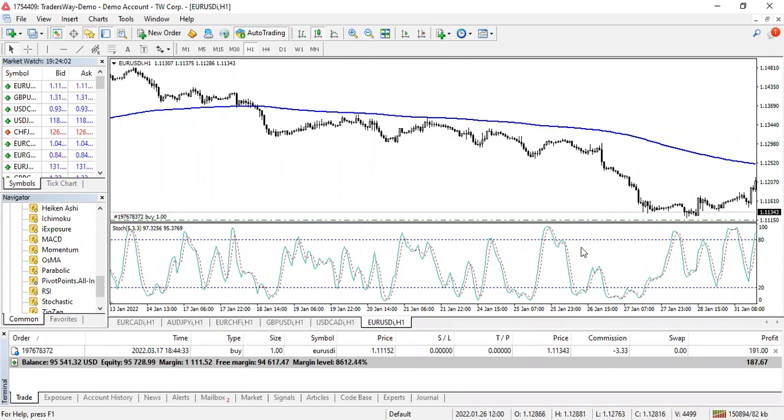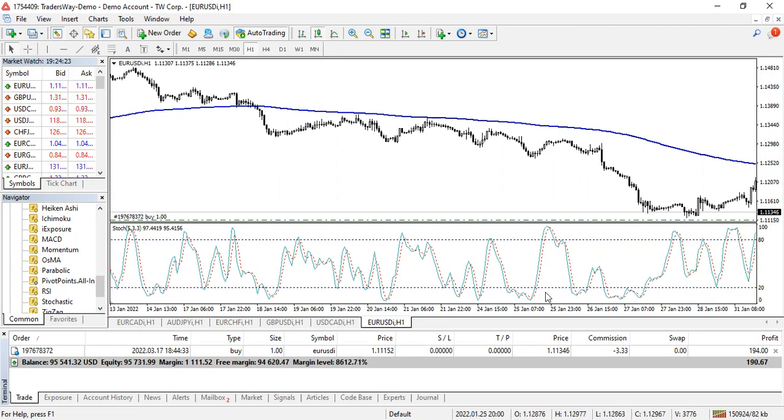And anytime this stochastic oscillator is above 80, because this is my 20 line and this is my 80 line, which means it is overbought, the only opportunity I'll be looking for is to sell this particular market.